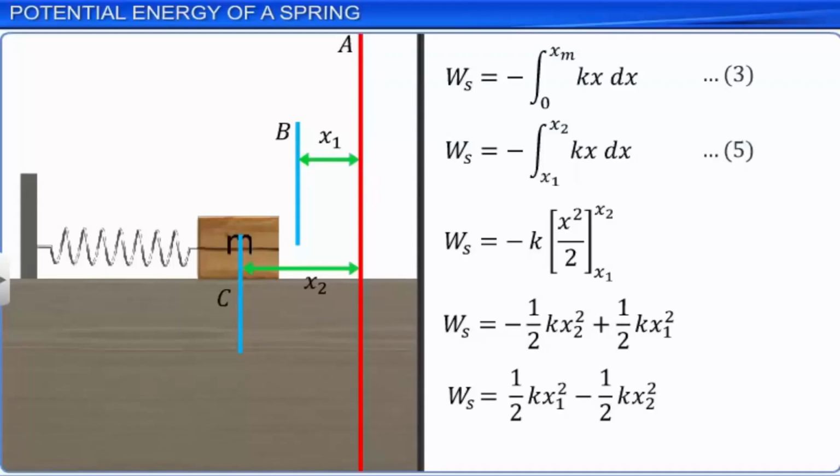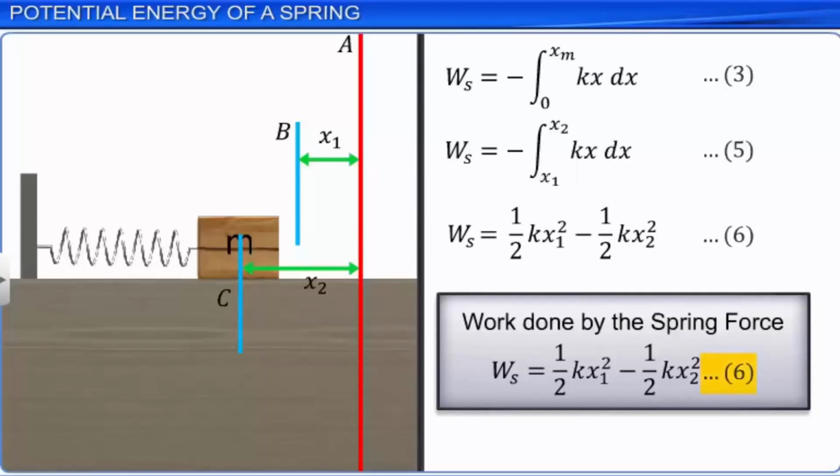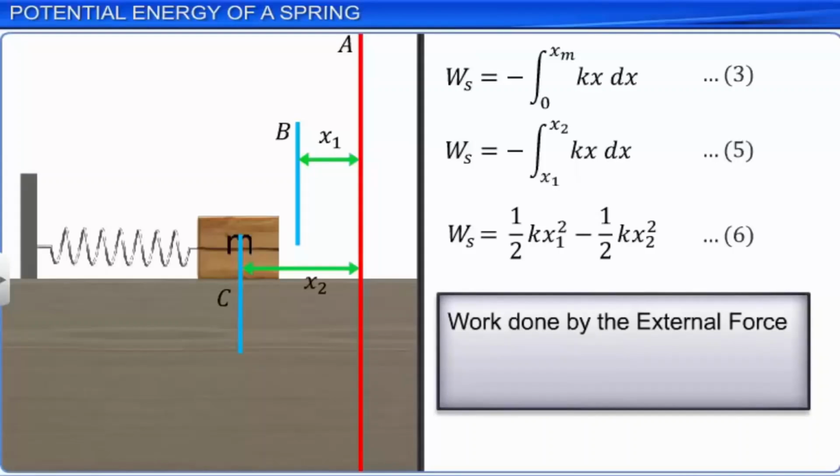Let this be equation 6. Equation 6 indicates the work done by the spring force. Then the work done by the external force W will be equal to half kx2 square minus half kx1 square. Let this be equation 7.